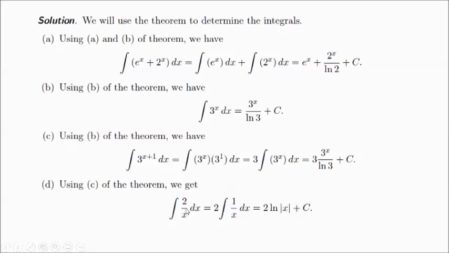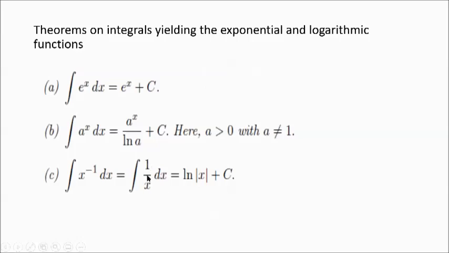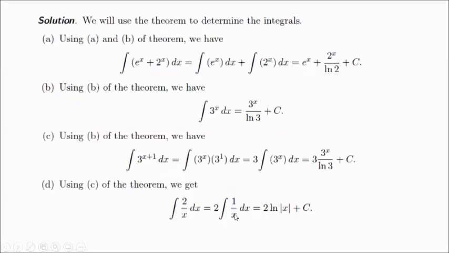About this one, 2 over x dx. So we have here the 1 over x dx, class. So we separate the constant, factor out the constant. So 2. Now, there is a formula here, 1 over x dx. So we have ln and then absolute value of x. So that means, just keep it here. Ln x.